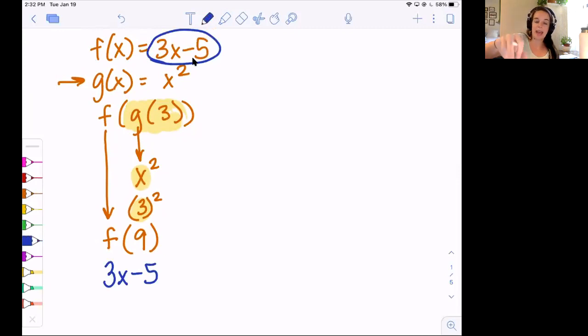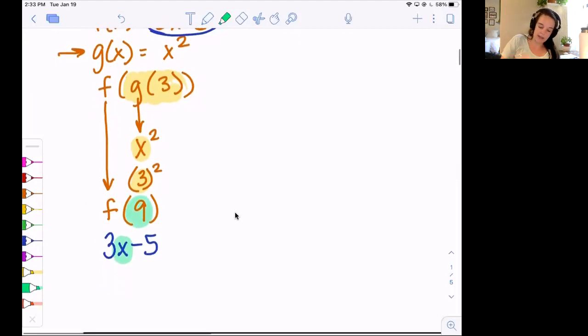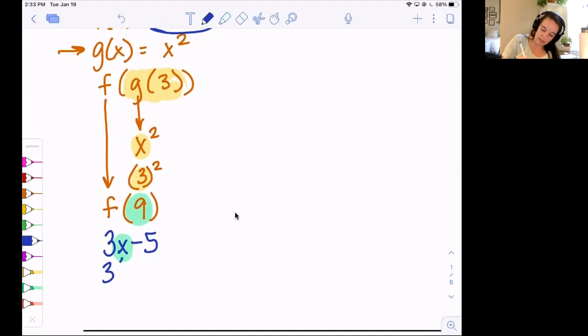I'm going to take out the x and substitute in the 9. So now I'm going to have 3 times 9 minus 5.